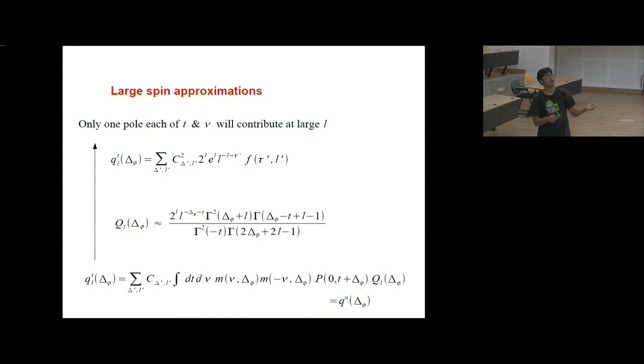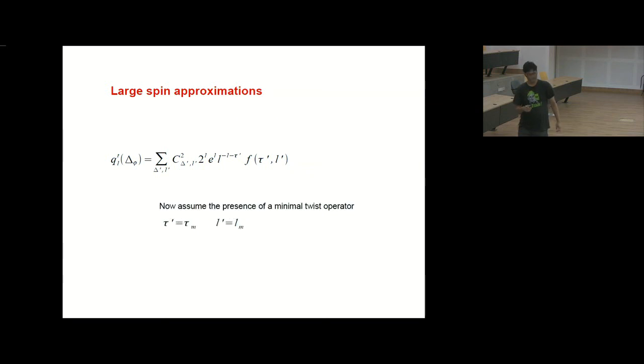And now, even in this simple form, I see that there is a sum over an infinite number of spins and an infinite number of operators. So the next step is, I assume that in the T channel there is a minimal twist operator present, just like what I had in Lightcone Bootstrap.